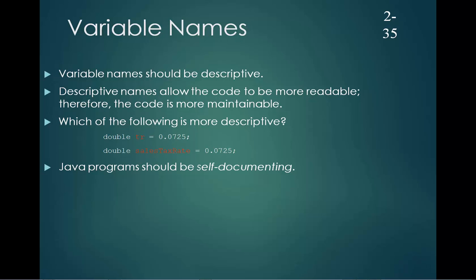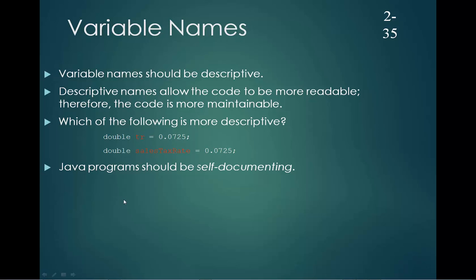In this example, we have sales tax rate as one variable name versus TR, which probably stands for tax rate. If you were to see either of these lines in the program, you would have a different understanding of what the program does based on seeing these. Naming this sales tax rate is an opportunity to help the reader understand how your program works.